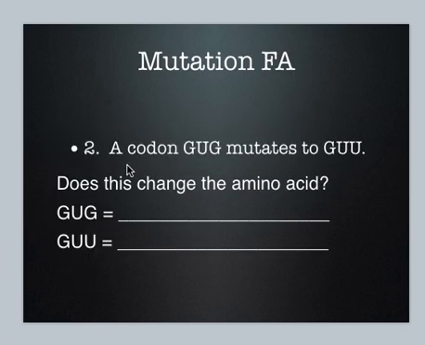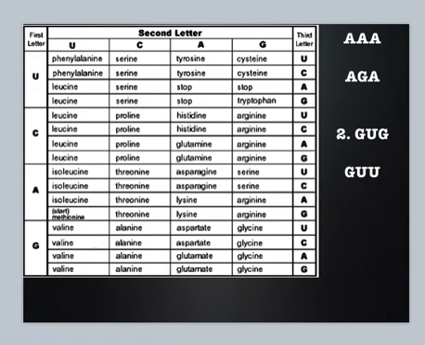Now, the second one you're going to do is the codon GUG. You're going to look that up. It mutates to GUU. So look up these two codons. Yes, it's already written for you, but please verify. So GUG. G is the first letter in the codon, so we're only down at the very bottom.